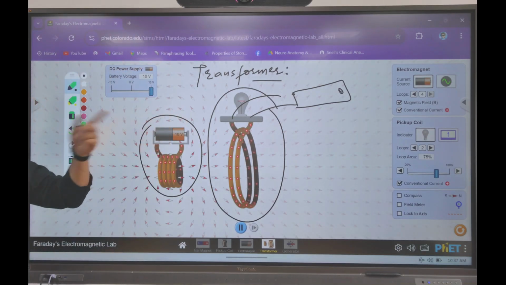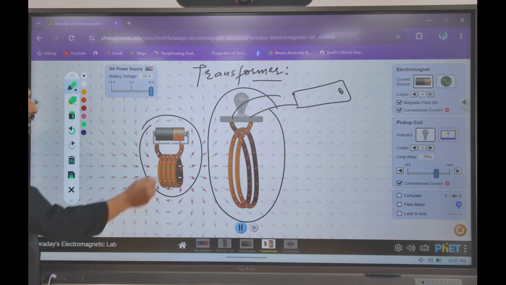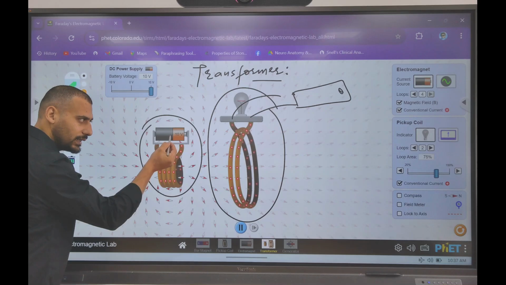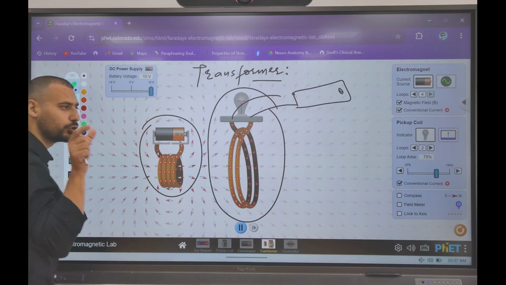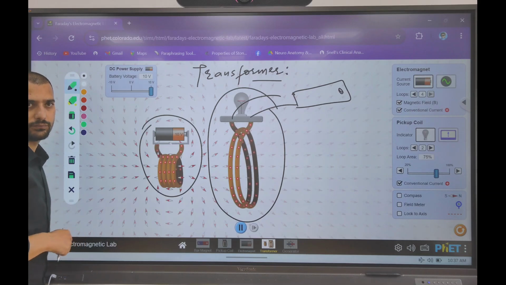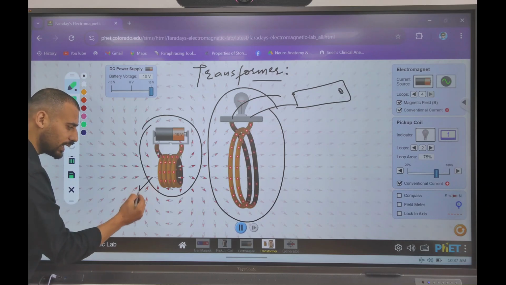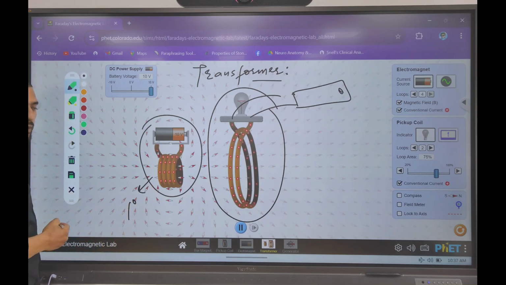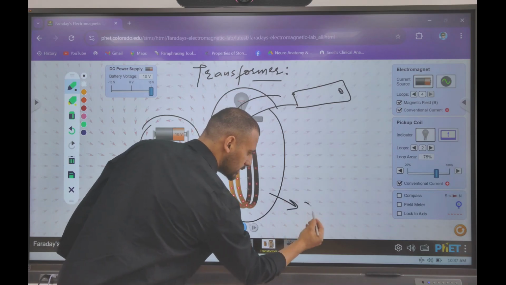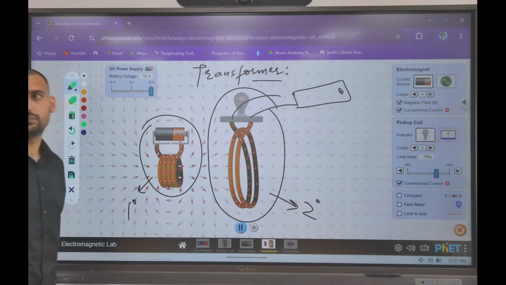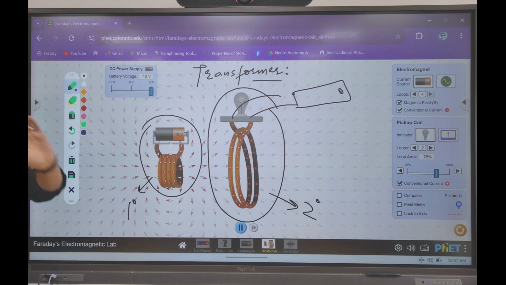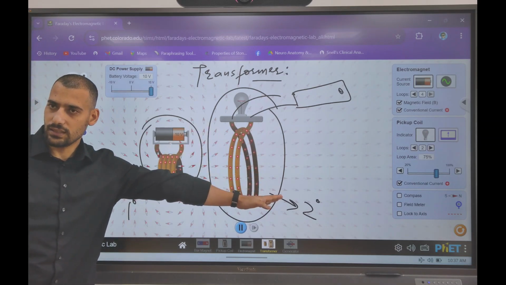Instead of this battery here, you put it in the socket. So there are two coils in this system. One is called the primary coil, and this is called the secondary coil.